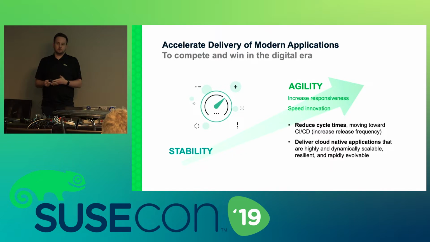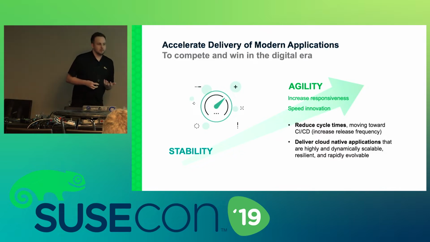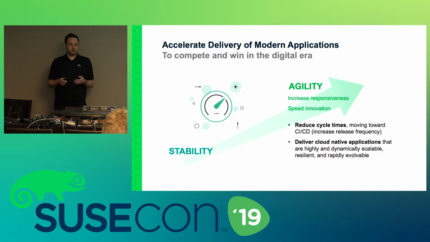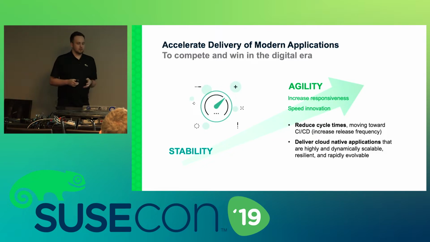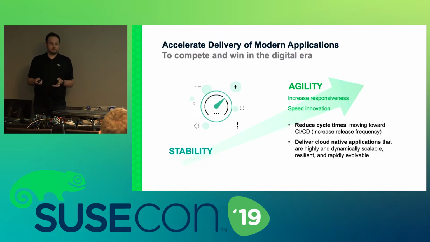In terms of application delivery now, and why we talk about application delivery, and why there is a push for it? Ultimately, the final aim of it all is to increase business agility and speed up innovation for an organisation. But there can often be confusion. What does accelerate application delivery actually mean?